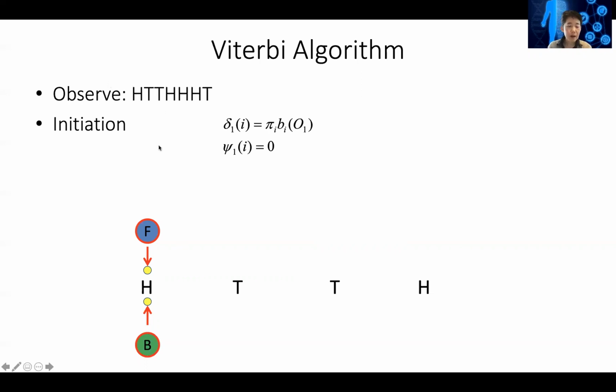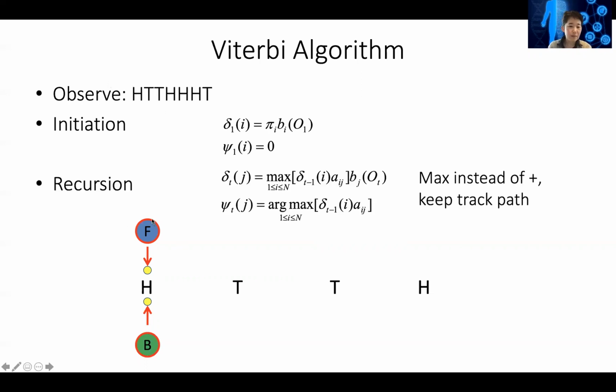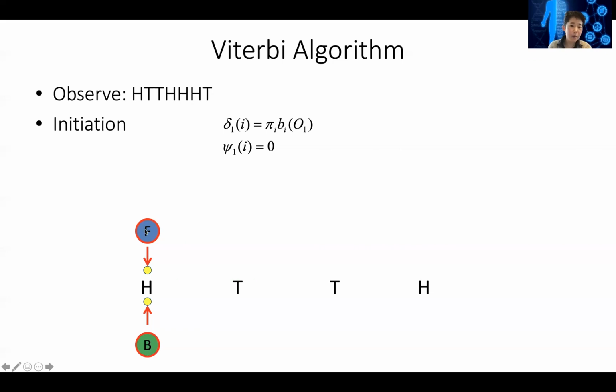So initially, we calculate this delta number, which is here for delta 1 using a fair coin. I have to pick the fair coin, so that's the initial probability, multiplied by the emission probability of using a fair coin to get a head.